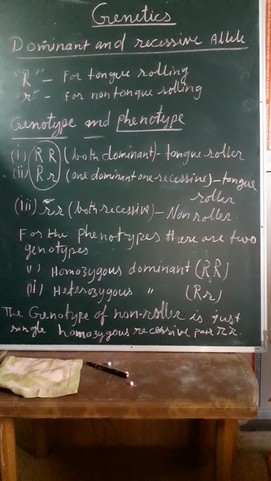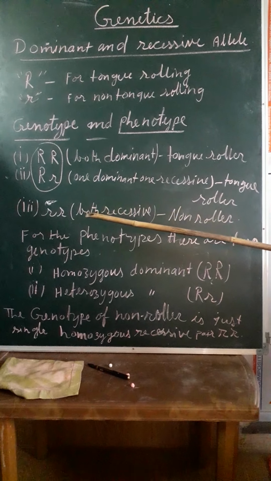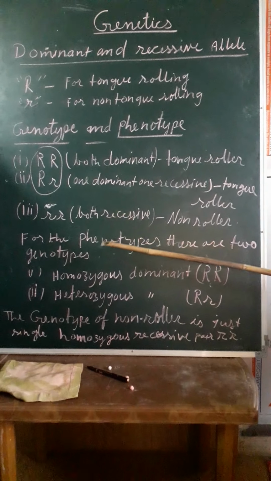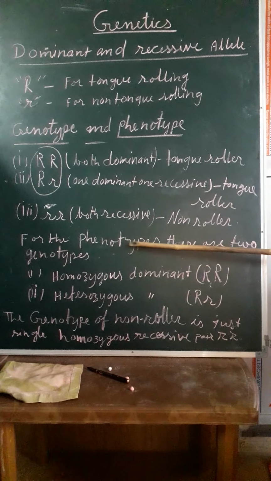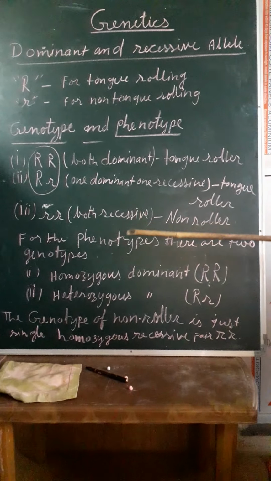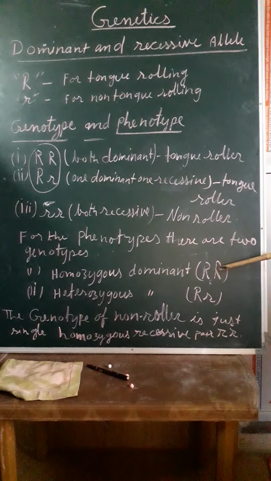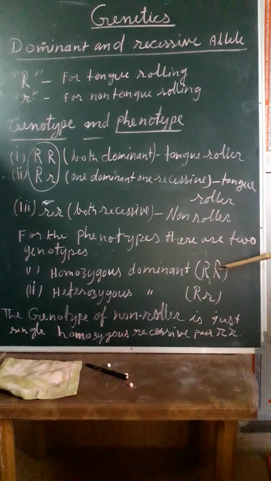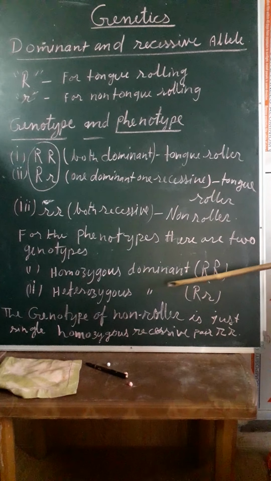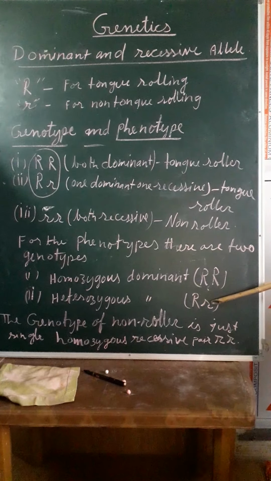Sometimes you will be asked to define genotype and phenotype. I am going to tell you about that. But before that, for the phenotype, there are two genotypes. That is homozygous dominant, a similar pair, capital R and capital R. Heterozygous dominant, a dissimilar pair, that is capital R and small r.